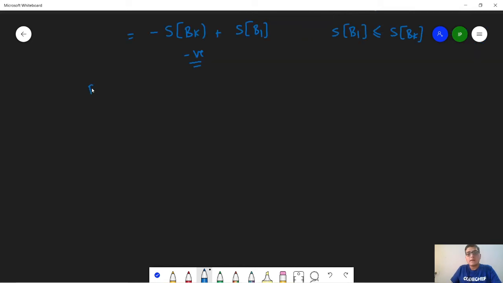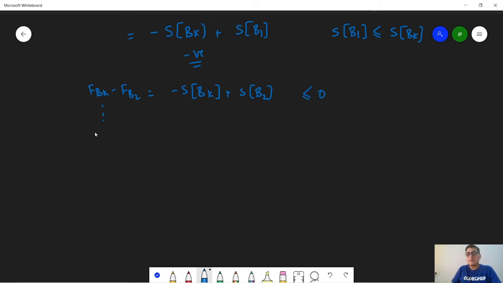Now let us calculate f of B of K minus f of B of 2. From above we can say that this is equal to minus S of B of K plus S of B of 2. So this is also less than or equal to 0.